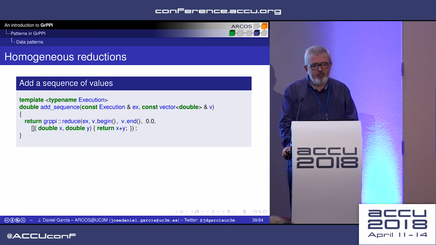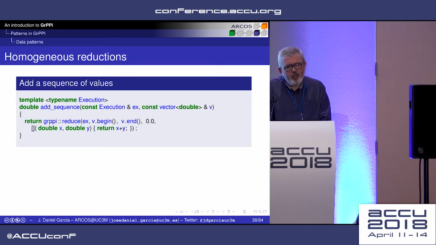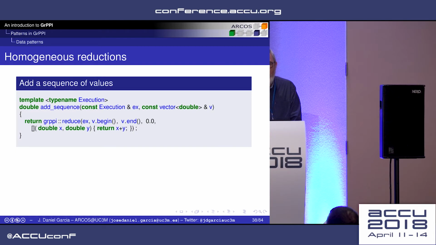Yep? What are your requirements on the iterators for the different execution policies? So do you need random access iterators? Right now, we need random access iterators, especially for OpenMP. Does that include contiguous?